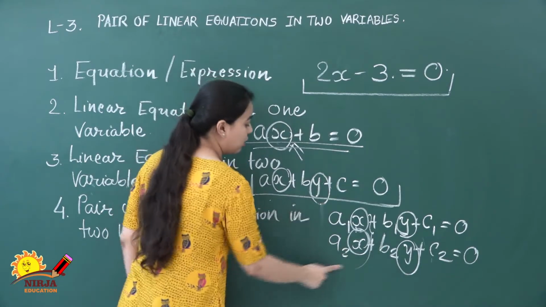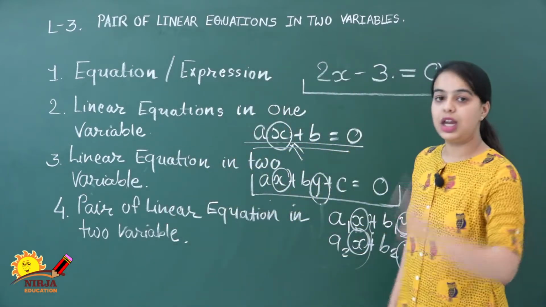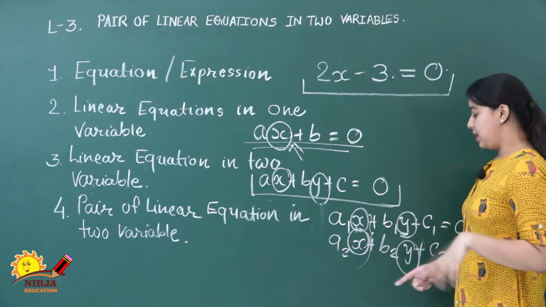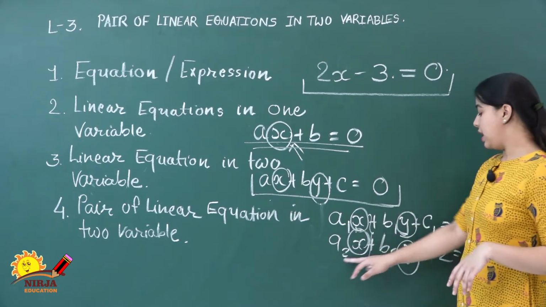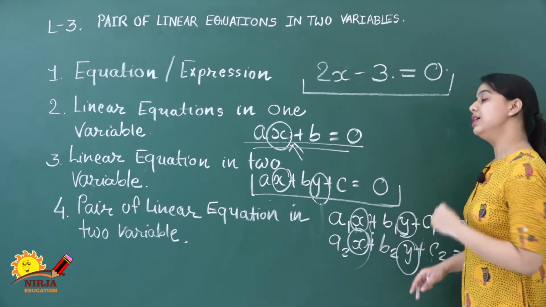This kind of equations we can call a pair of linear equations in two variables, where both the variables are the same, where a1, b1 and a2, b2 cannot both be 0 at the same time.